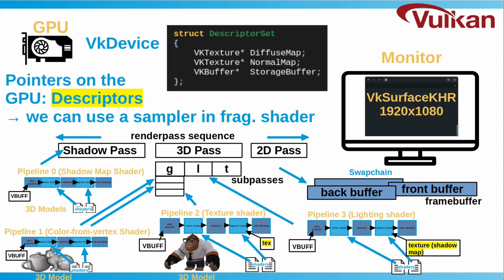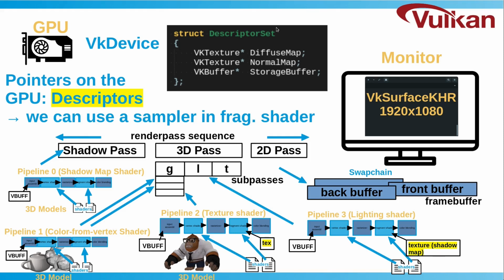So there is no random access for render pass image attachments. However, a sampler in the Fragment Shader can randomly access a texture. And for this, we need descriptors. Descriptors are pointers on the GPU, and Vulkan only allows descriptors to come in descriptor sets.